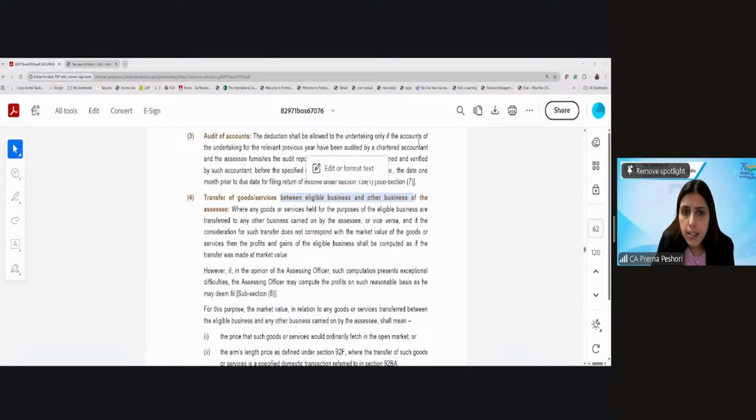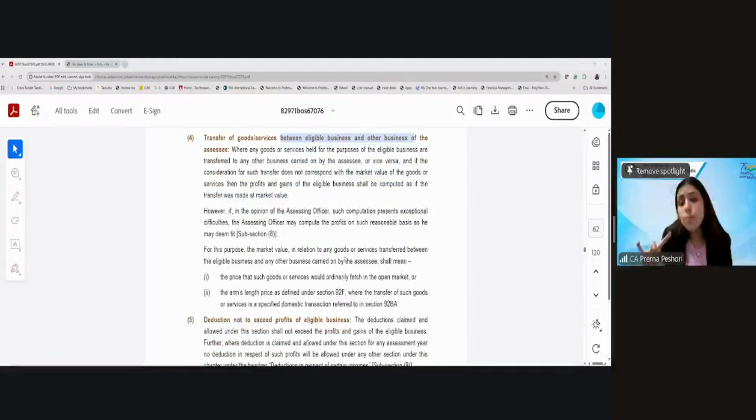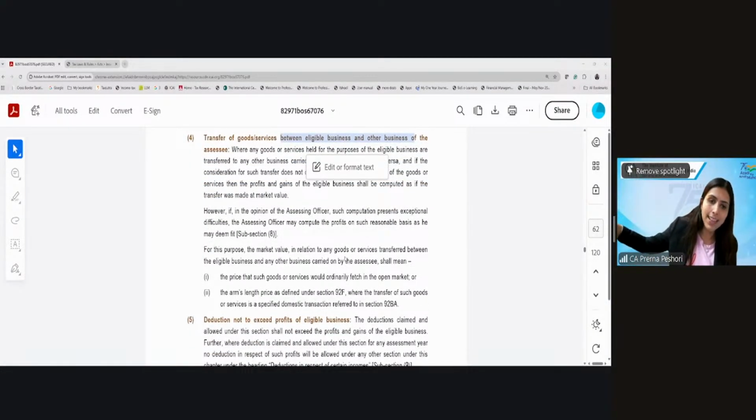So if, let's say, for example, any kind of goods or services are provided by the eligible business to a non-eligible business, right? Or from a non-eligible business to an eligible business, that has to be at the market value. That has to be at the market value. And if the transaction value is more than 20 crores, it has to be at the arm's length price, right?